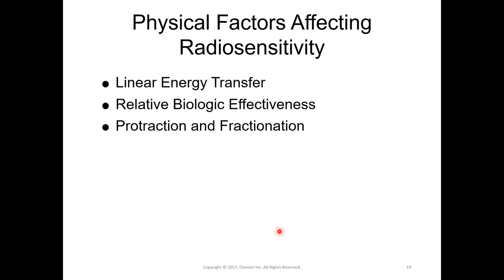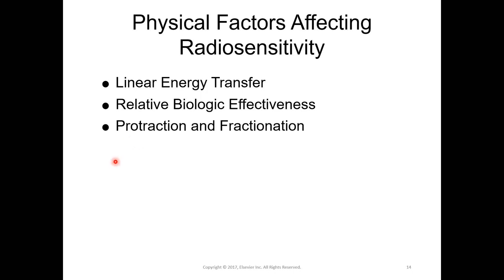Some physical factors that affect radiosensitivity: the linear energy transfer, which is your LET, your relative biologic effectiveness, or your RBE, and the protraction and fractionation. And remember in class I talked about how this is usually in rad-onc, and this is how they deliver the doses to the patients.